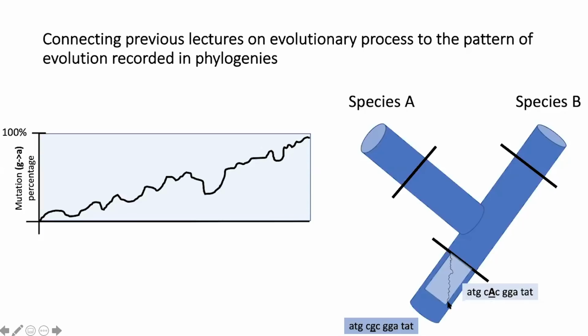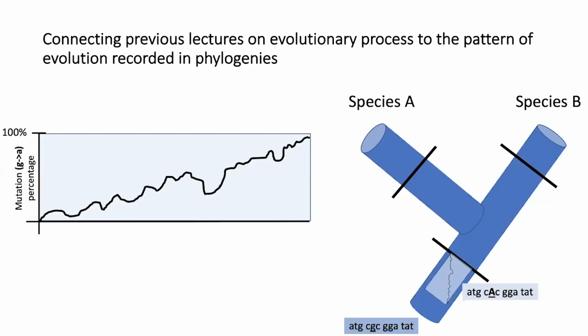And so this process of a mutation occurring and then spreading through the population and fixing, that whole process, which is so elaborate, is encoded by this single little tick mark that just says, oh, okay, now there's one mutation, and now this population is different than that ancestral population by this one mutation.